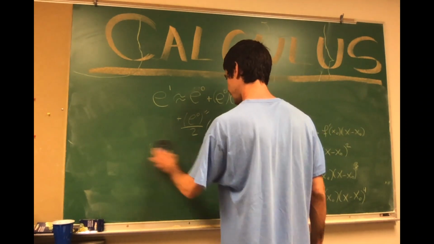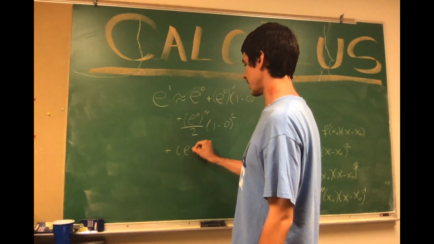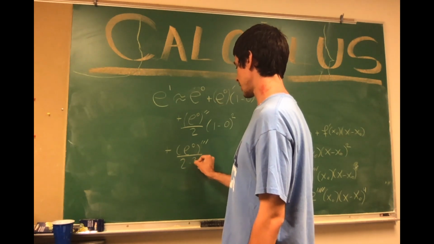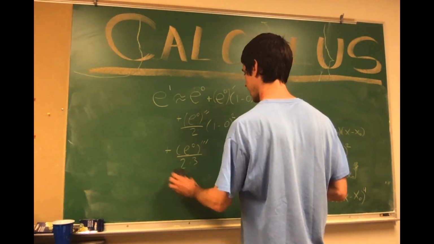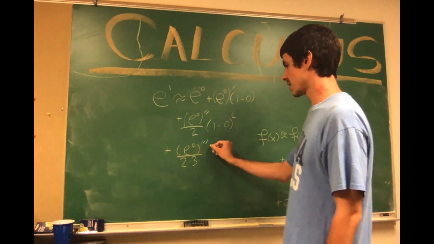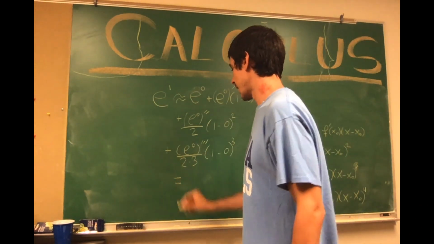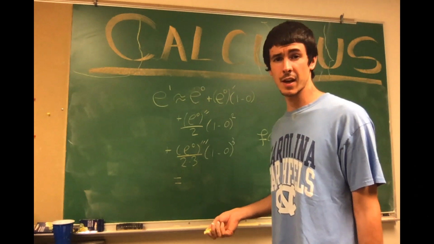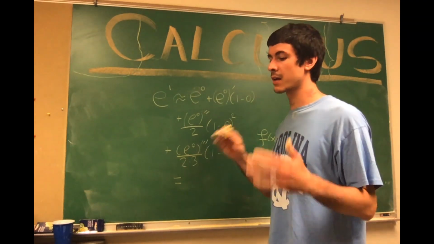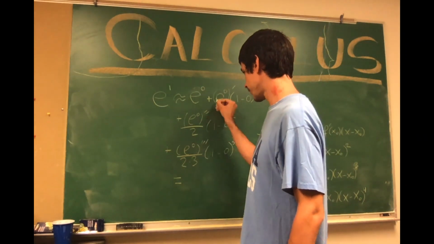But then let's add plus e to the 0 triple prime over 2 times 3, or over 6, times 1 minus 0 cubed. 1/6 is like 0.16 repeating, right? If you put that in your calculator. Is that right?